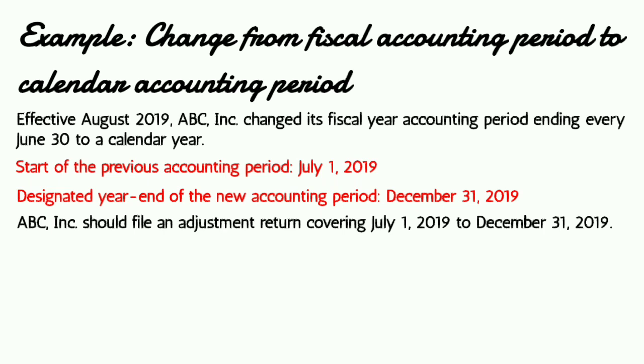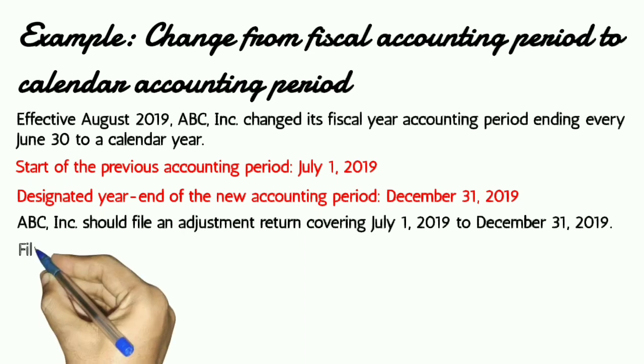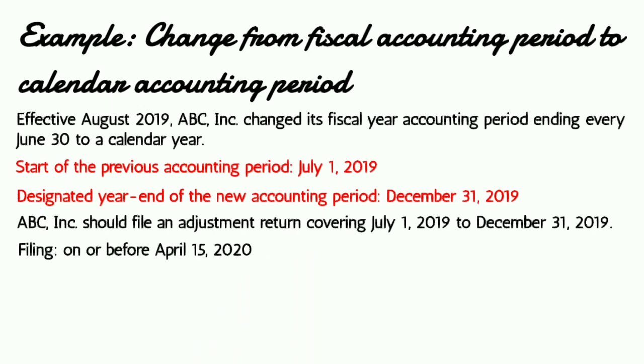Kasi April 15, 2020, yan yung 15th day of the 4th month after December 31, 2019. Take note na ang deadline ay April 15, 2020. Ang ibig sabihin nun, pwedeng mag-file si ABC Incorporated on or before April 15, 2020.